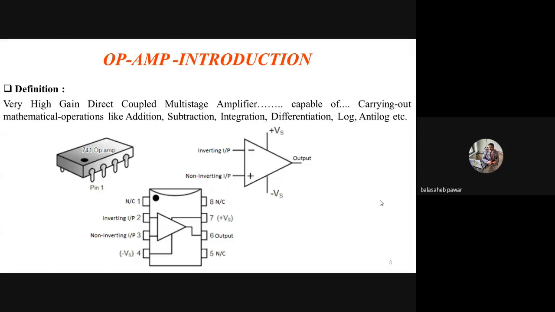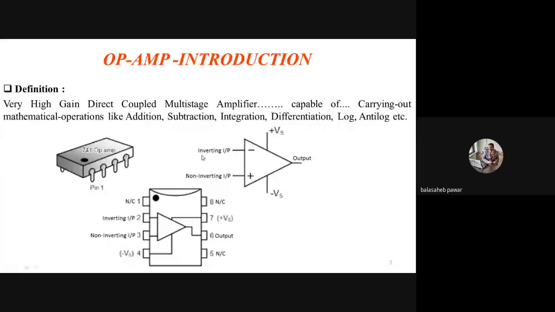Now, if that sine wave is connected at the inverting input, we'll get the output as a sine wave, but there will be a phase shift of 180 degrees. Got it? That means whenever input is positive half cycle, the obtained output during the same time period will be negative half, and vice versa. Or if we consider that input as a DC, again that non-inverting input is kept at ground.